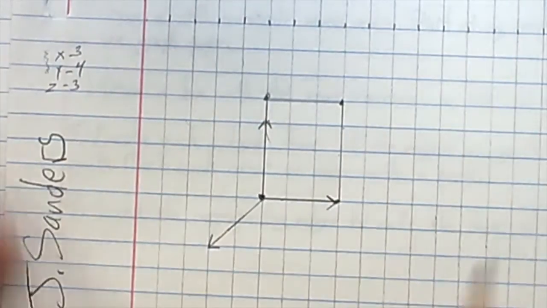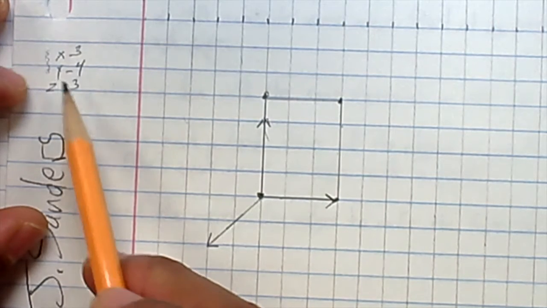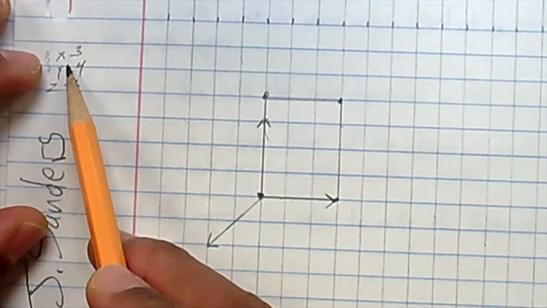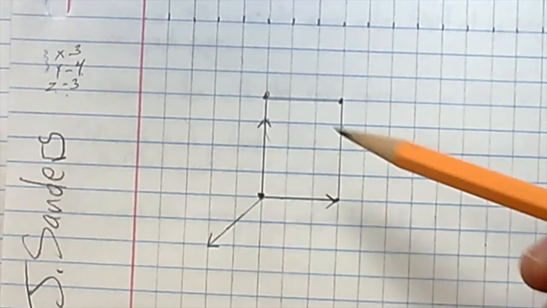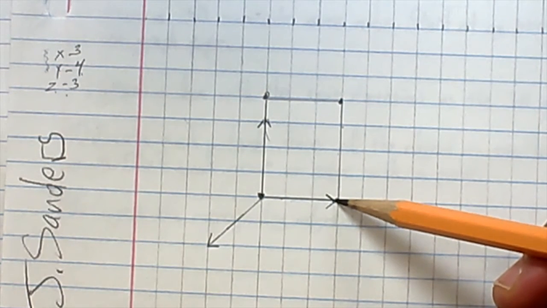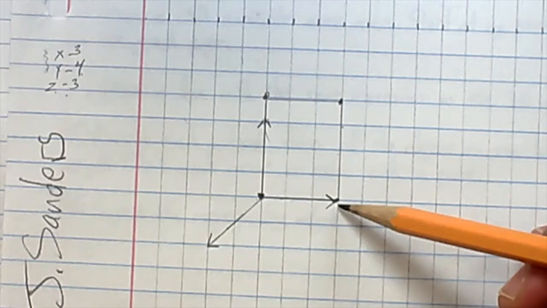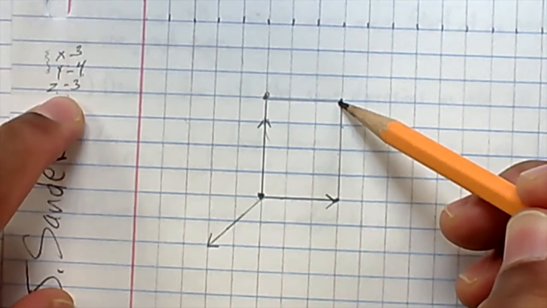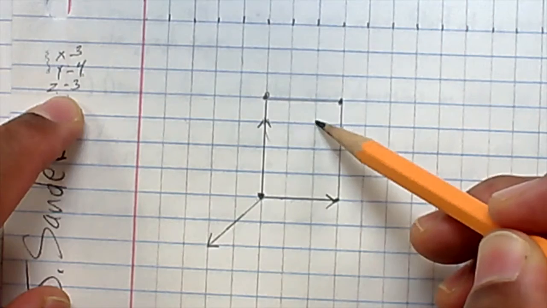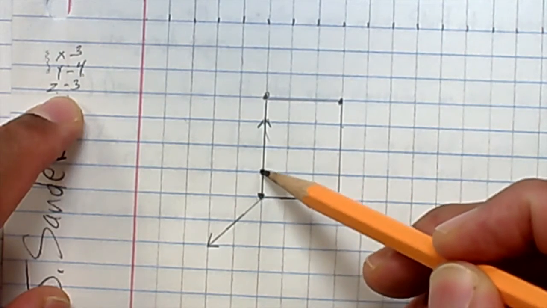In the YZ, you can draw a YZ plane that is 4 in the Y and 3 in the Z. Here we can start at any corner, it really does not matter. If I go 4 in the Y, I'll be here. And if I go 3 in the Z, 1, 2, 3, I'll be here.